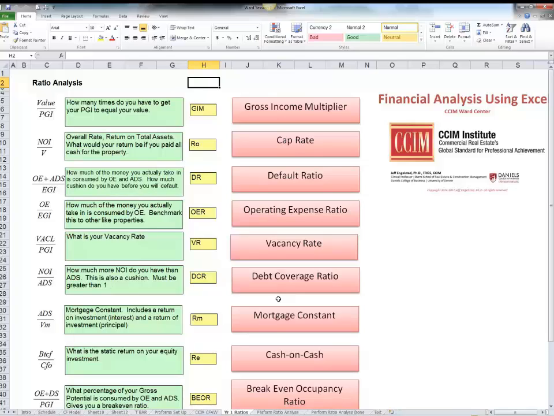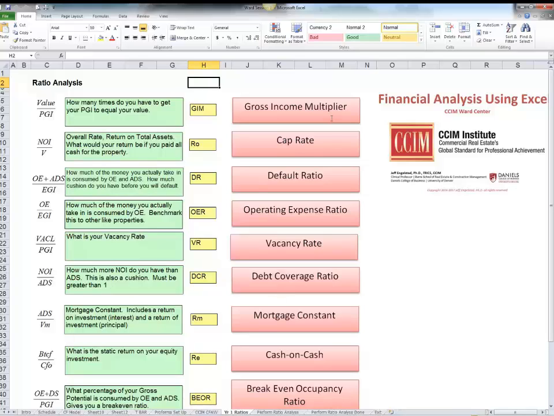And we do all of this stuff in real estate, and depending on the market that you're in, depending on the people that you work with, and depending on the property type, you may use a lot of these, or you may use less than a lot of these. But let's go through these and see what we think.